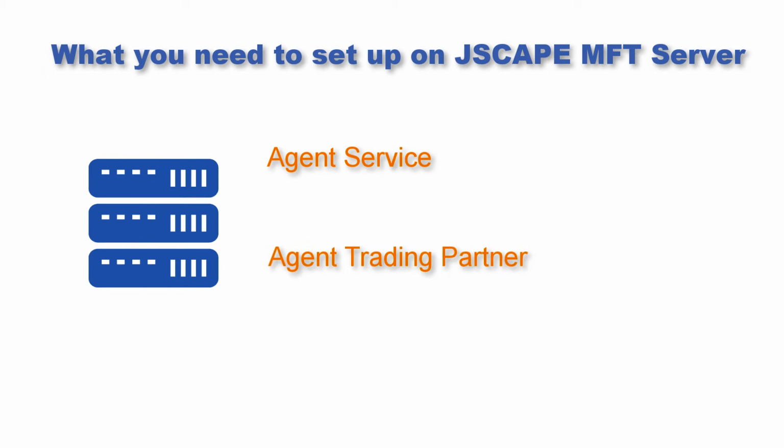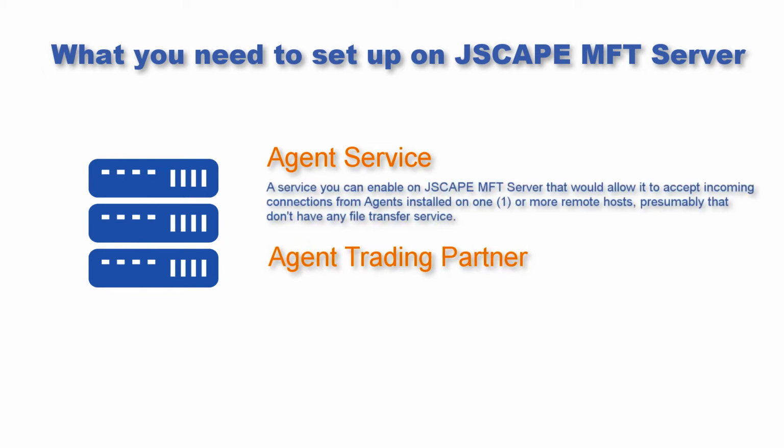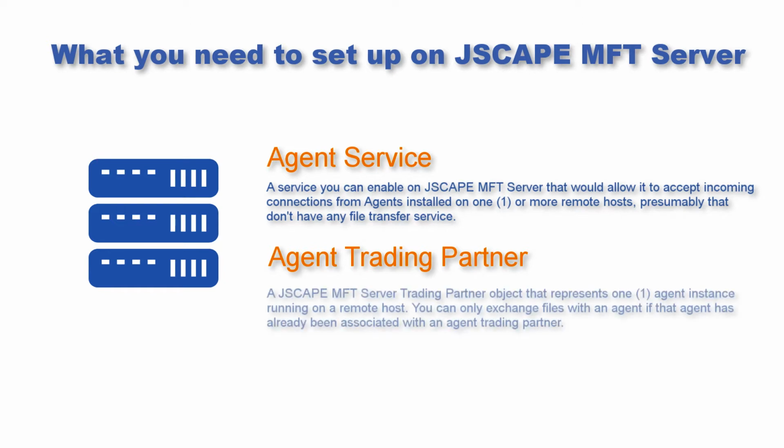The agent service is a service you can enable on JSCAPE MFT Server that would allow it to accept incoming connections from agents installed on one or more remote hosts, presumably that don't have any file transfer service. An agent trading partner, on the other hand, is a JSCAPE MFT Server trading partner object that represents one agent instance running on a remote host.